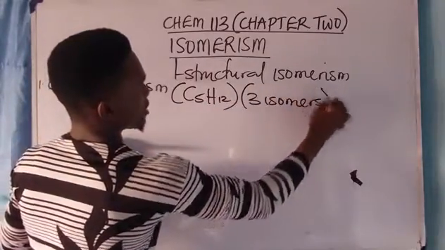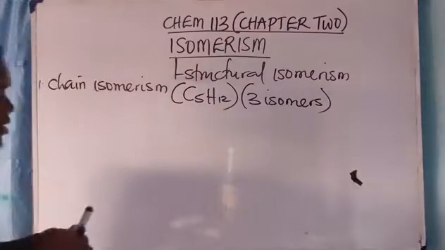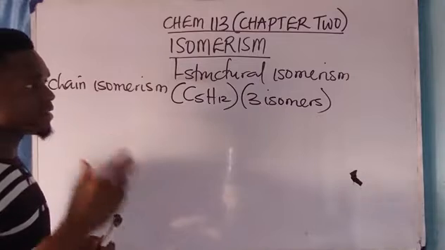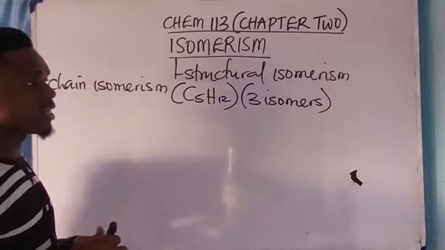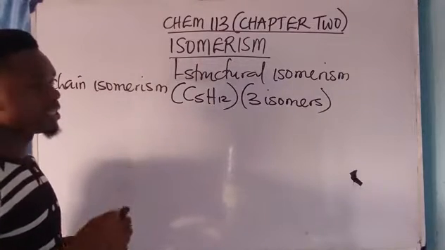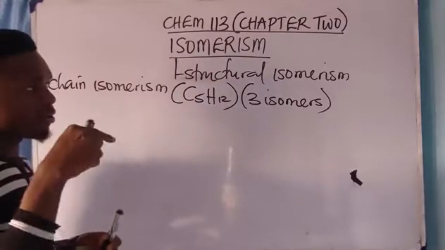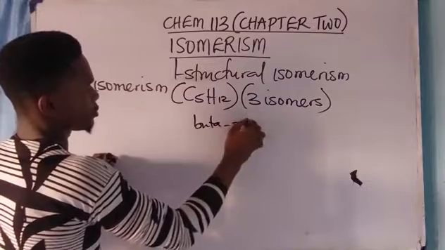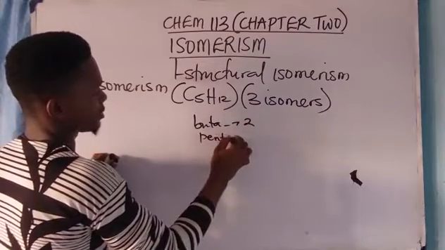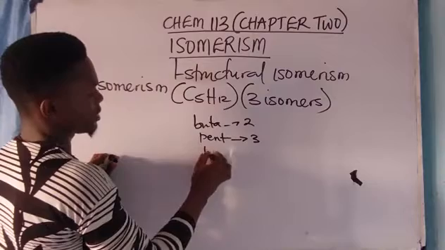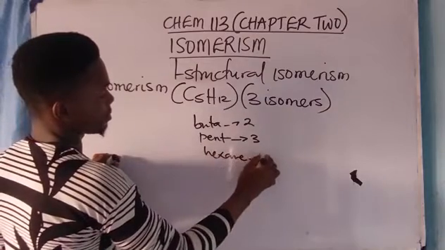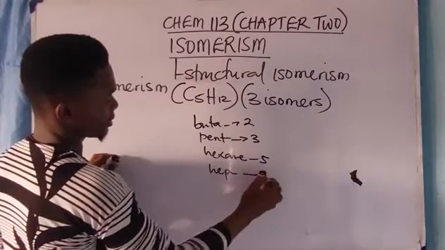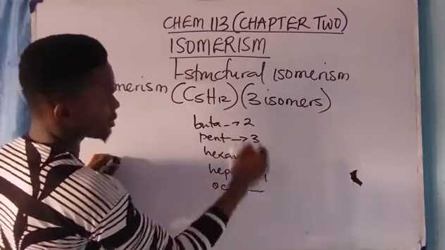Butane has two, pentane has three, hexane has five, heptane has nine, octane has eighteen, as the case may be.